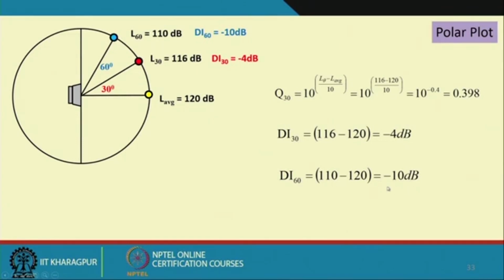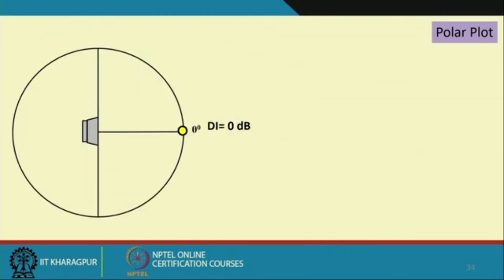So, what it gives me is that in this same radius, if I move gradually, the decibel level slows down. At particular 30 degree it has minus 4 and this is minus 10.